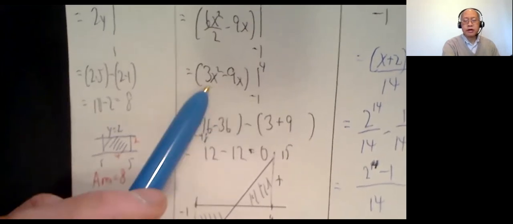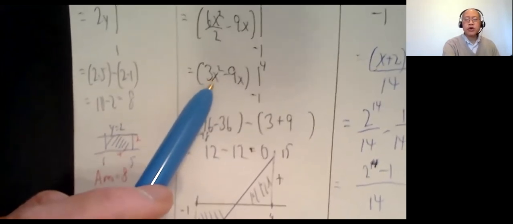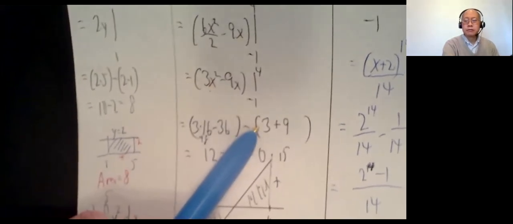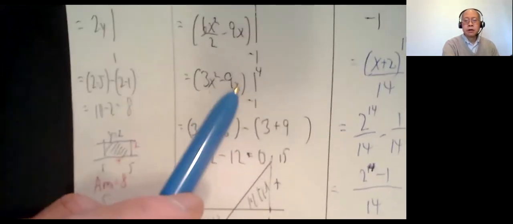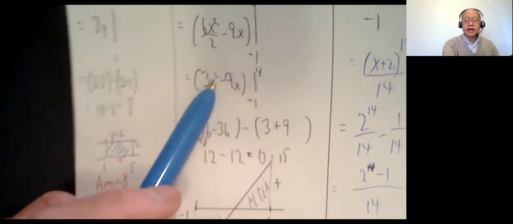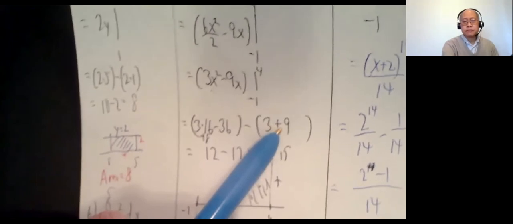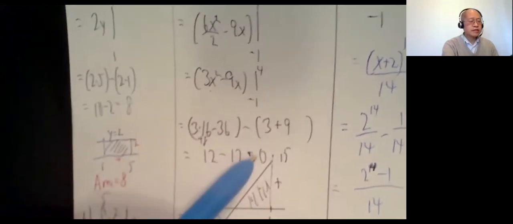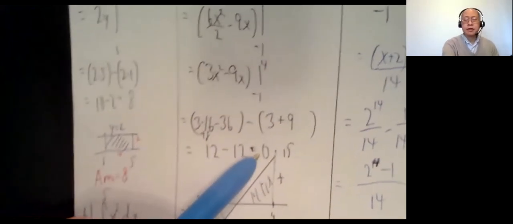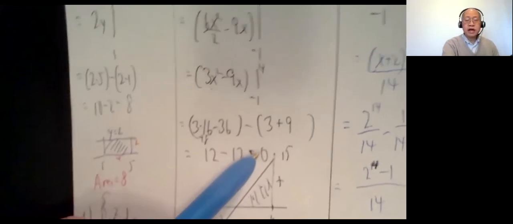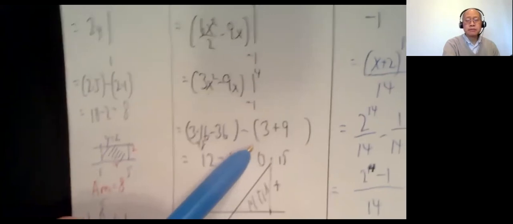Okay, plug in -1. -1 squared is 1. 1 times 3 is 3. Plug in -1 here. -9 times -1 is a +9. 12. 12 minus 12 is 0. Answer is 0.